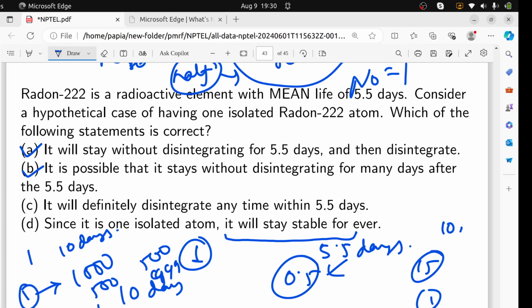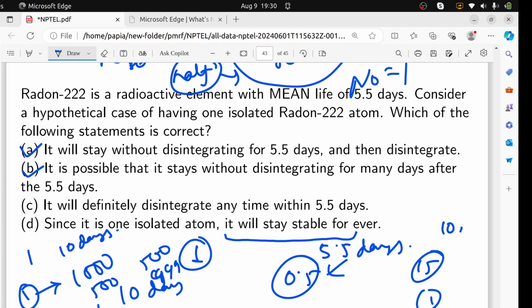But it will decay because it's a radioactive element. Radioactive element means it should decay, but at which time it will decay, we can't say certainly, because this is a probabilistic approach. Whether it will decay or not, that we can say, but when it will decay, we can't say.